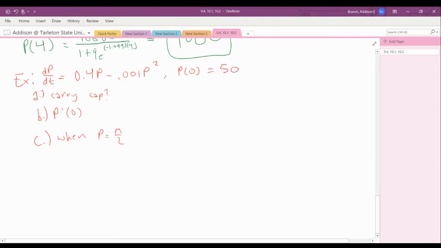So if we think of our logistic model, we know that dP over dt is equal to Kp times 1 minus P over M. If we distribute this, we can say that dP over dt is equal to Kp minus Kp squared over M.